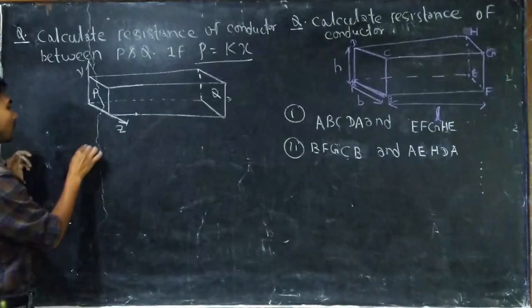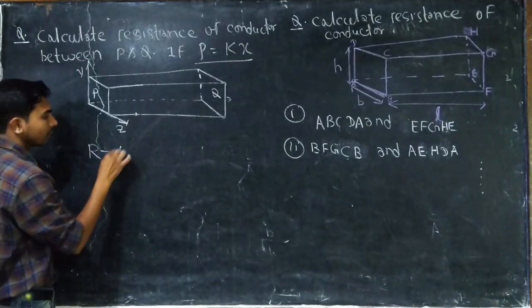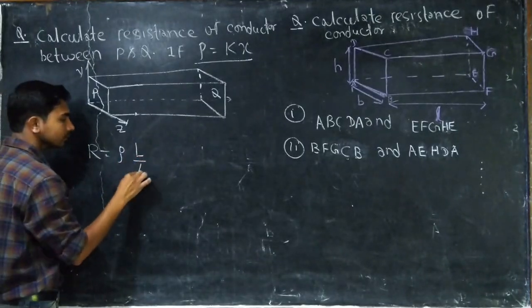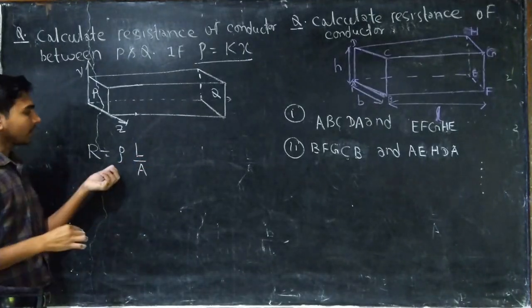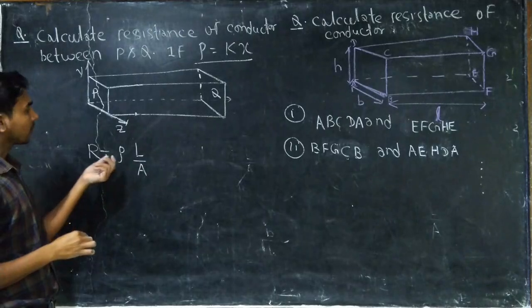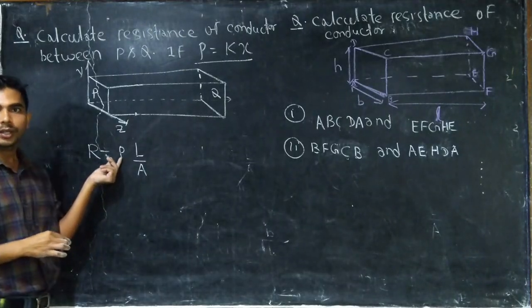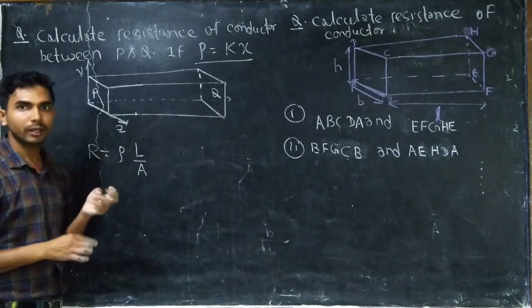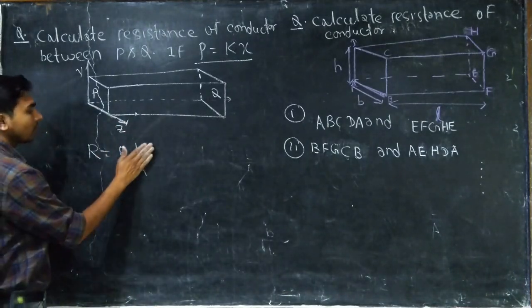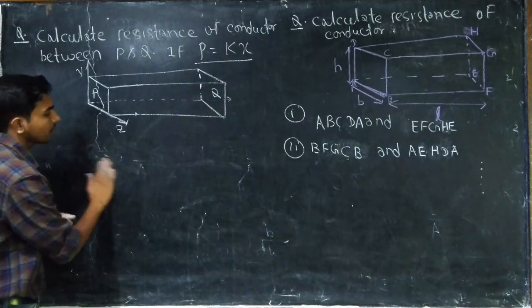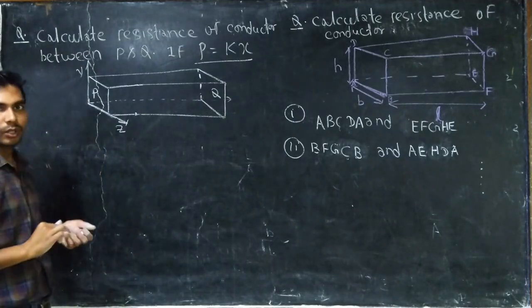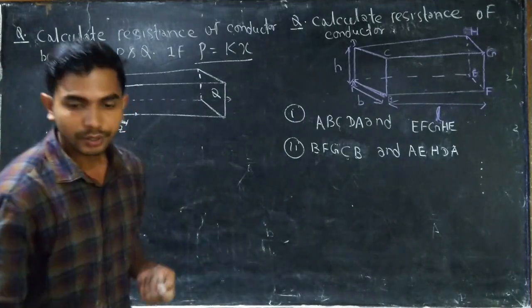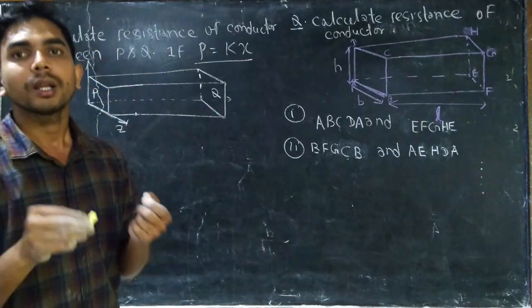So we are not able to apply this formula directly, because here the resistivity is changing with X. To solve this question, we have to consider a small element.